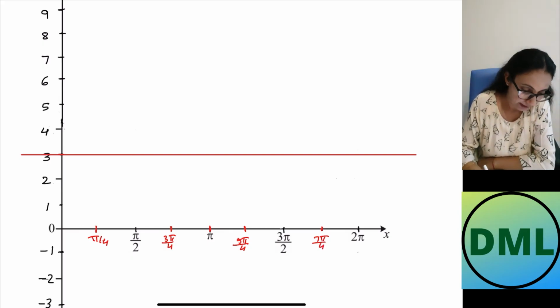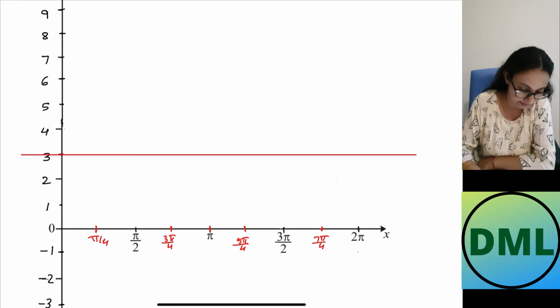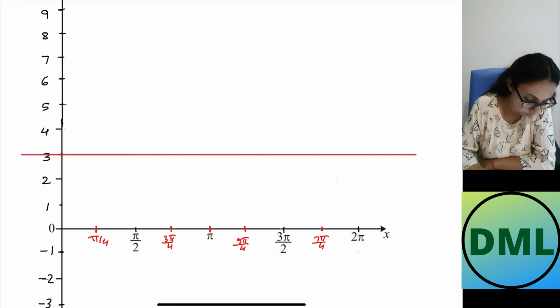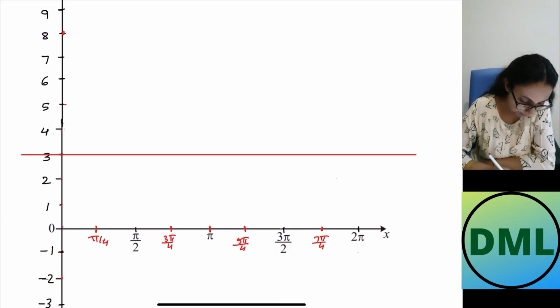The value for the amplitude is 5. That means it will go 5 units above the axis and 5 units below the axis. It will go 1, 2, 3, 4, 5, touching 8, and going down 1, 2, 3, 4, 5, it will reach minus 2. Let's plot it. It will start from the axis, that means from 3.